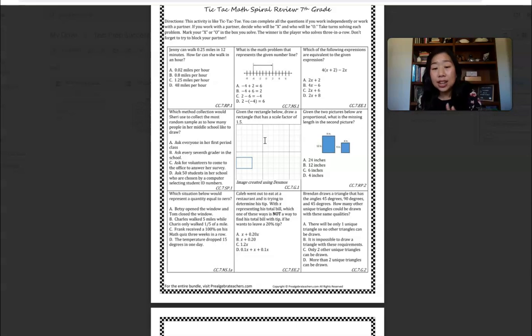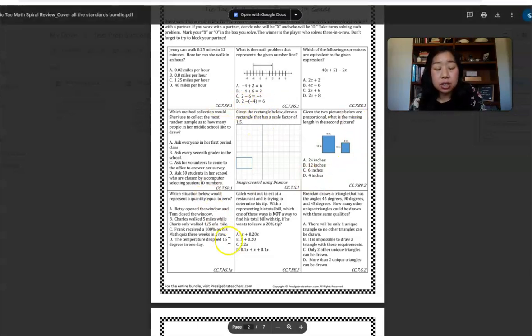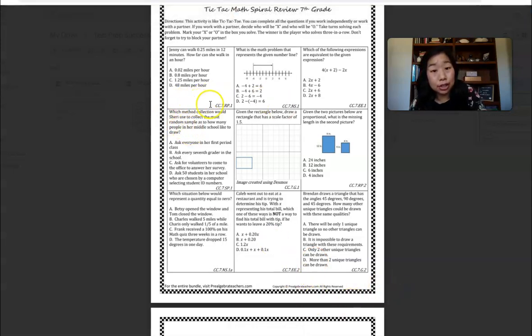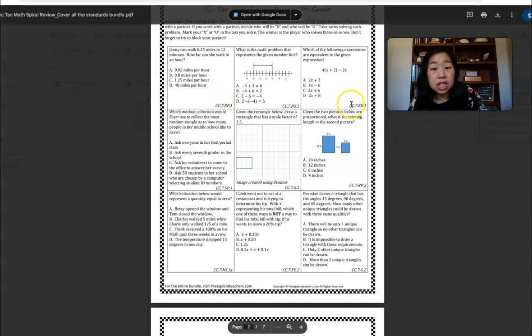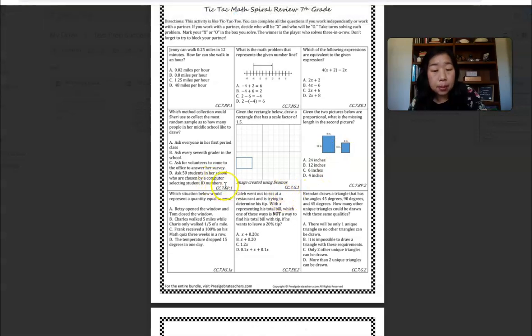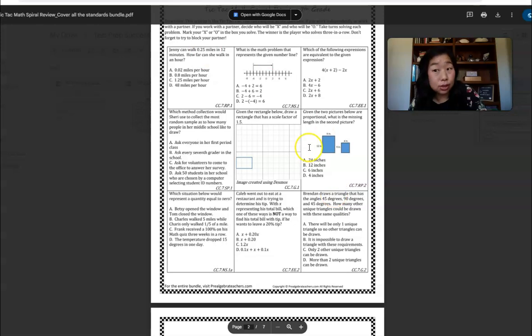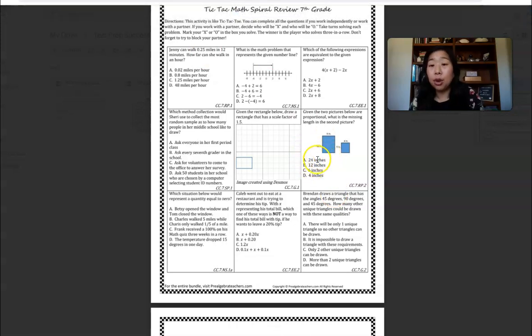Now, the magic in this activity is that each page itself covers so many standards. Look at this. This covers 7th grade ratios and proportions, number systems, equations, geometry, probability, just in this one page. And so if you have the whole thing, you'll cover every single standard.